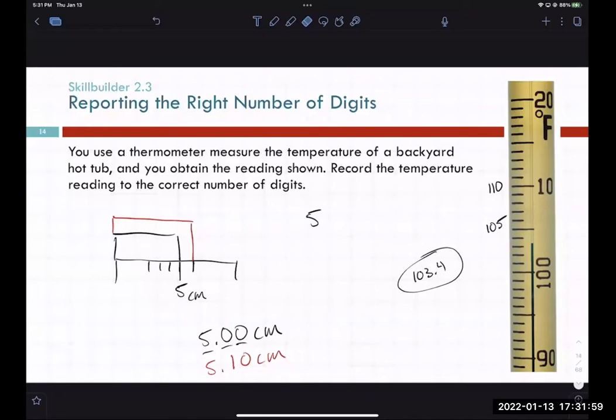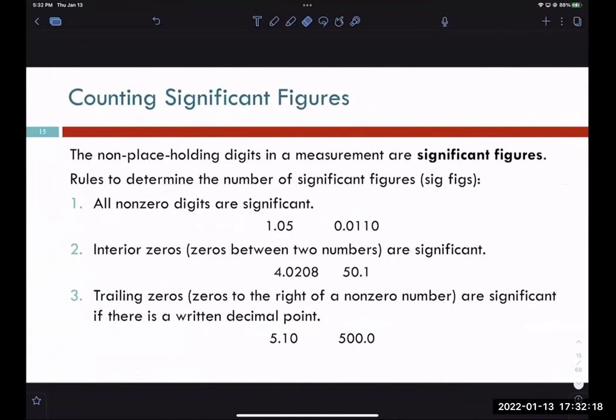But that's different than reading something off of a ruler. Does that make sense? So if it was a final product, you wouldn't just add extra zeros on. It's only when we're estimating things, you'll add zeros. We'll talk about significant zeros right now, because sometimes you will have zeros like that in your final answer.